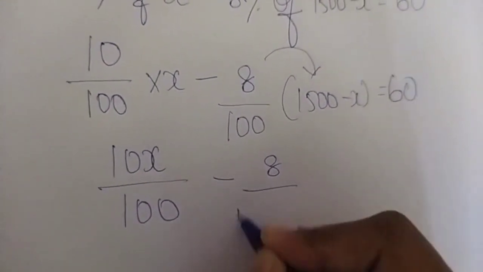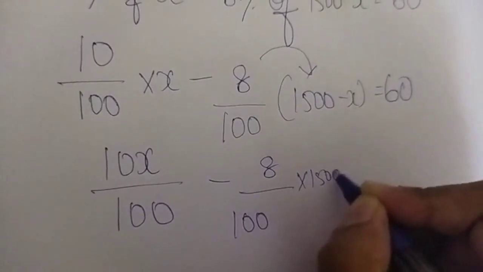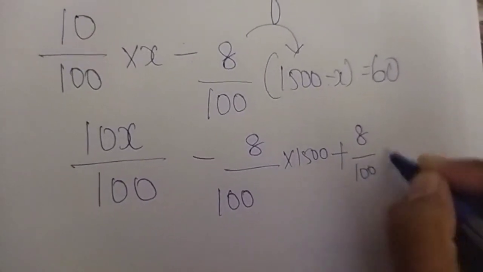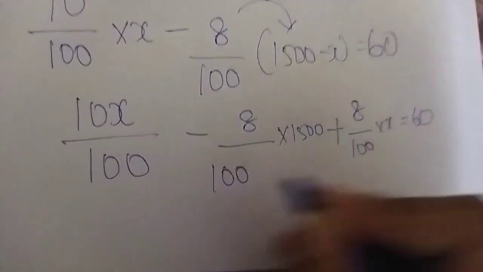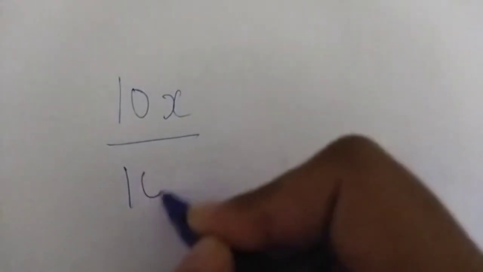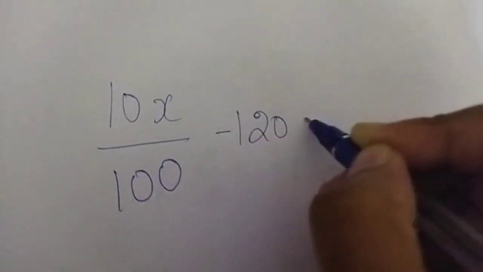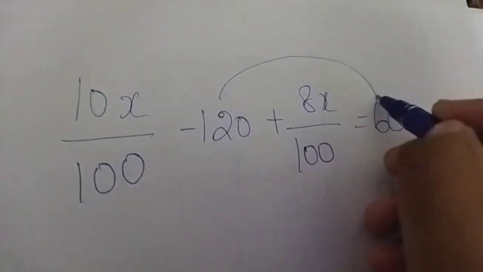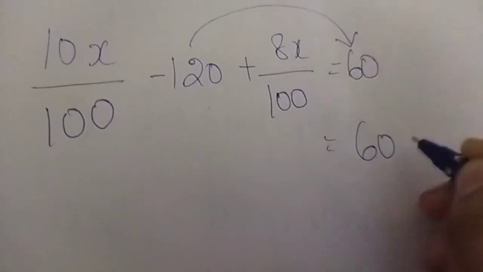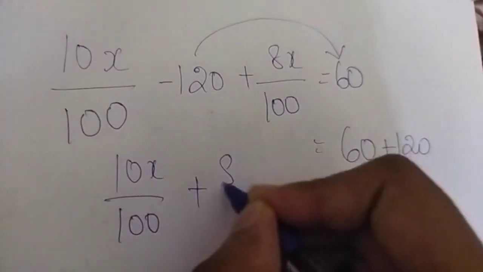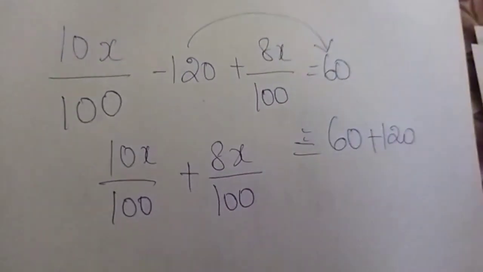So 8 by 100 into 1500, minus into minus plus 8 by 100 into x, is equal to 60. 0 0 gets cancelled. 8 into 15, 8 15s are 120. 10x by 100 minus 120 plus 8x by 100 is equal to 60. 120 coming this side becomes plus 120. 10x by 100 plus 8x by 100 is equal to 60 plus 120.